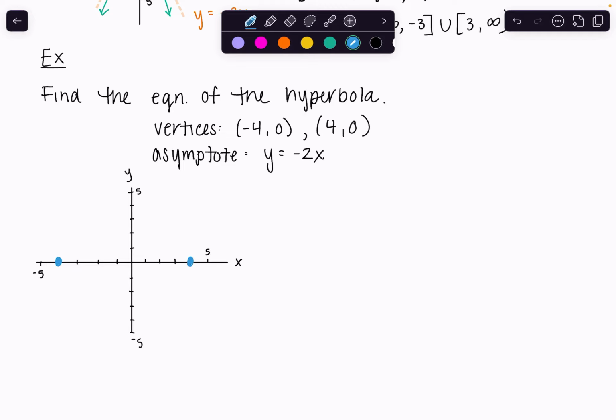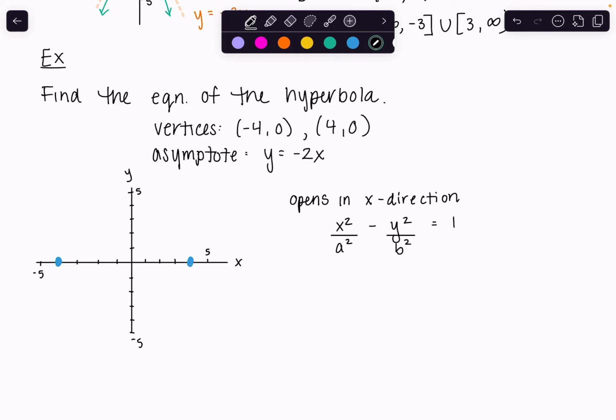So immediately this tells me this opens in the x direction. So with that, I know the form: the x term is the one that's going to be positive. So it's going to be x squared minus y squared equals 1. And then I'm going to need some number under x and then some number under y.